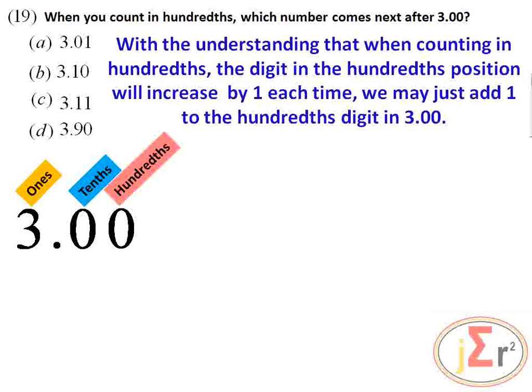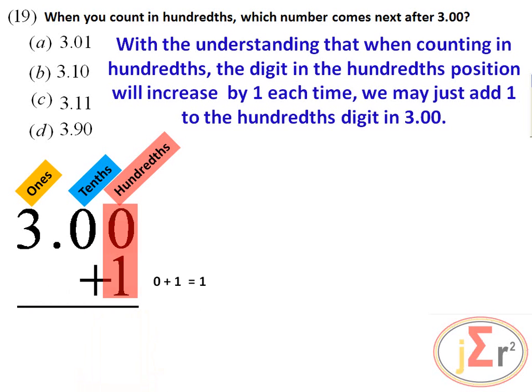With the understanding that when counting in hundredths, the digit in the hundredths position will increase by 1 each time, we may just add 1 to the hundredths digit in 3. So that is 3, the number in the statement of the problem. We may just add 1 to the hundredths digit. And what do we know? 0 plus 1 is equal to 1.